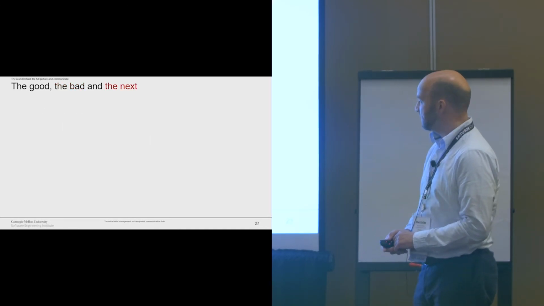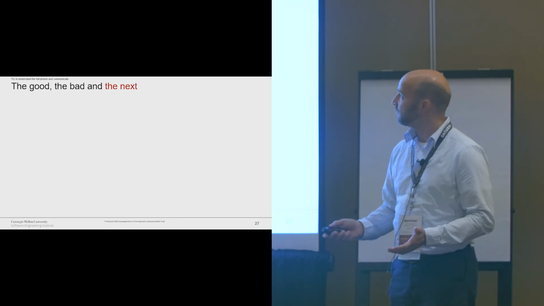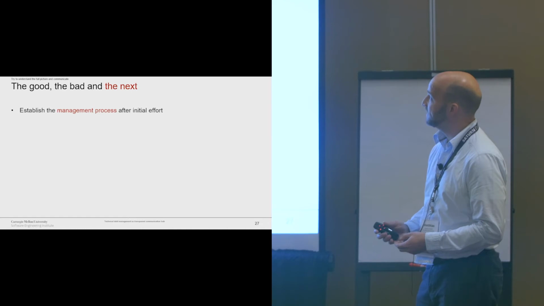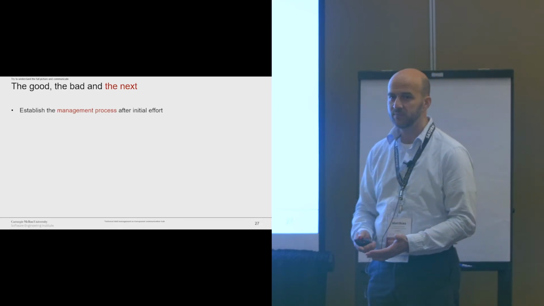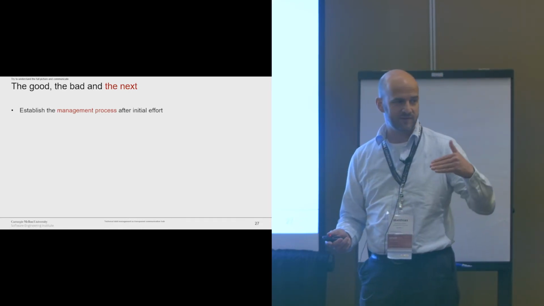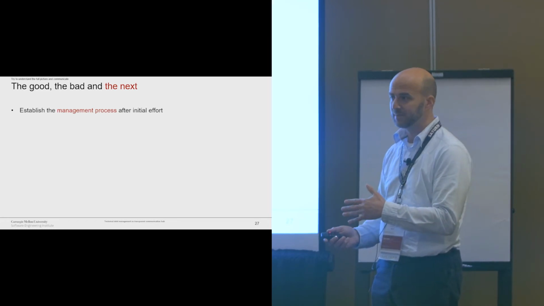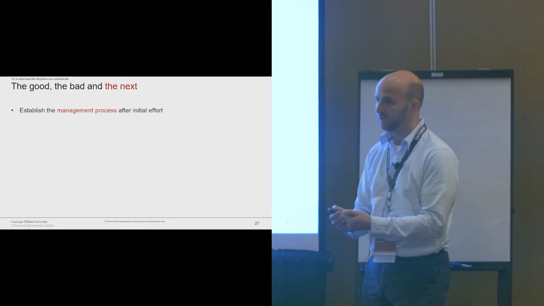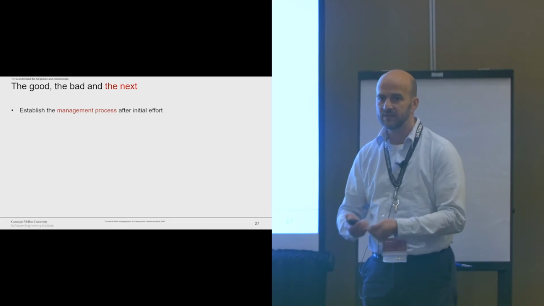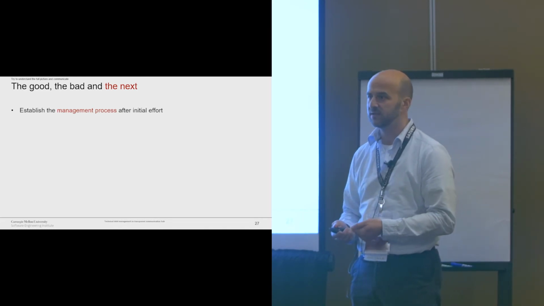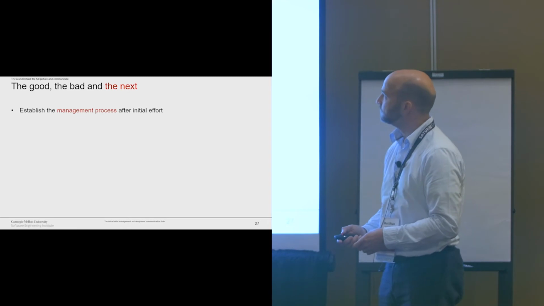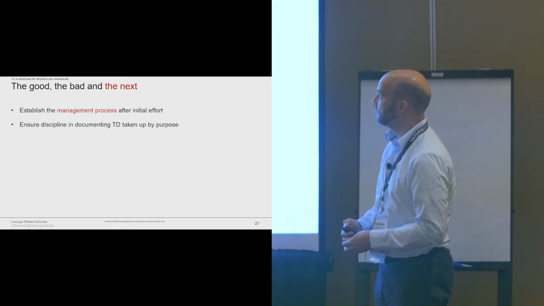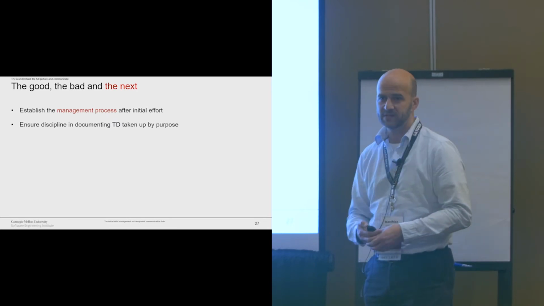So the next things we have to do: we need to establish the management process. We started with it, but we saw this decrease in engagement. We need to improve that and really establish the management process so that it's long-lasting and we keep using it. We need to ensure discipline in documenting technical debt taken on purpose.